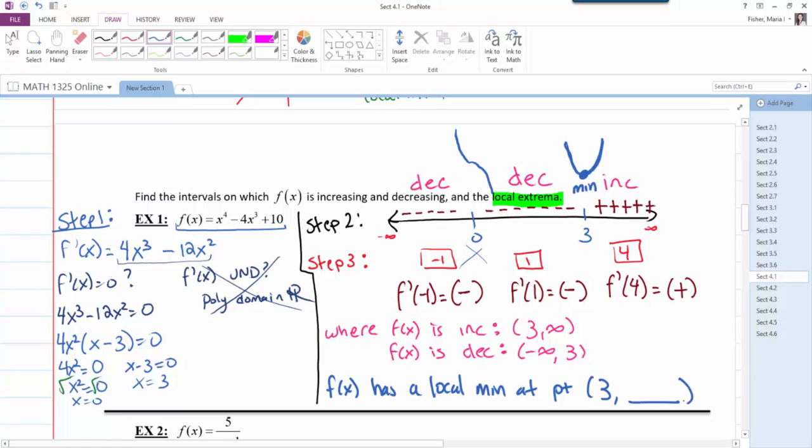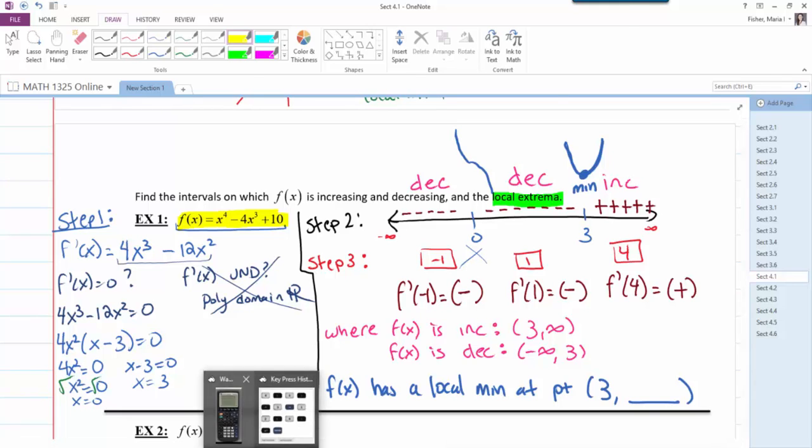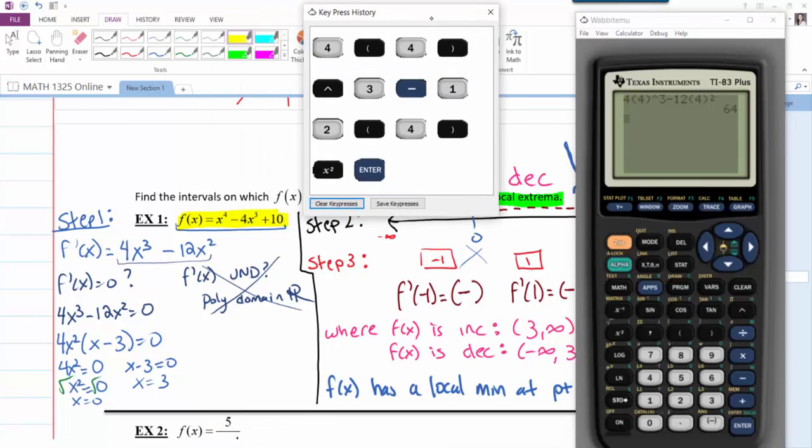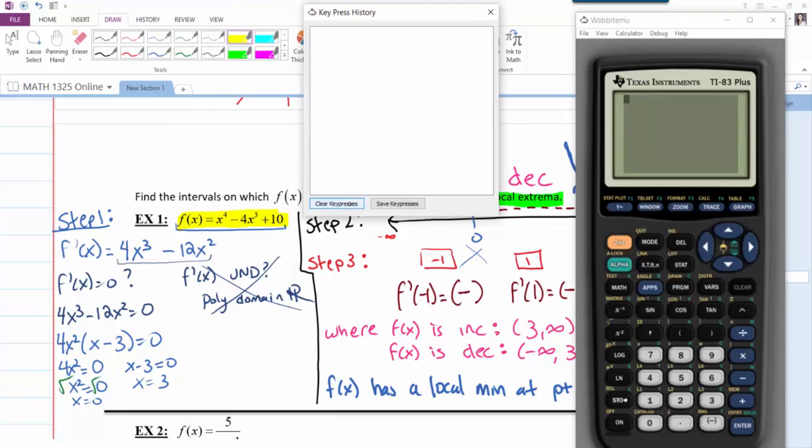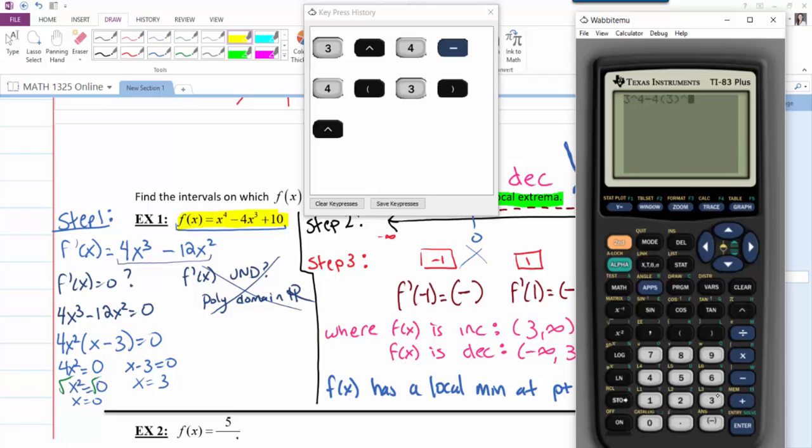To find the y value of my point, I'm going to have to plug 3 back into the original f of x. So if we grab a calculator here, plugging it back into the original f of x, I'm going to have 3 to the 4th minus 4 times 3 cubed plus 10.